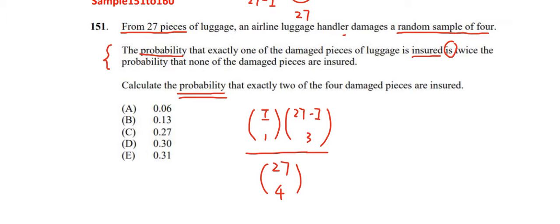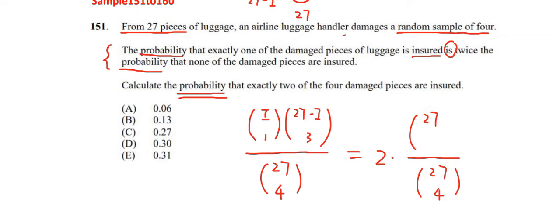This probability equals twice the probability that none of the damaged pieces are insured, so all are not insured, which is picking all 4 from the not insured.